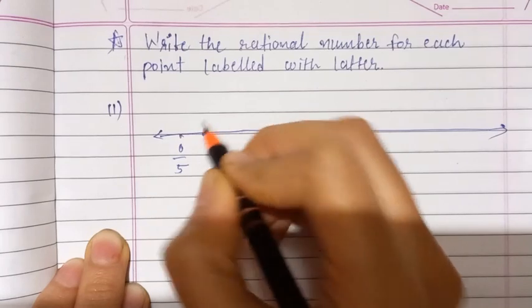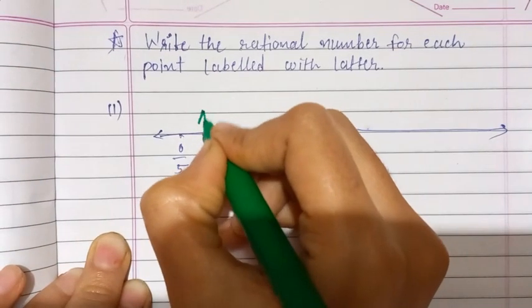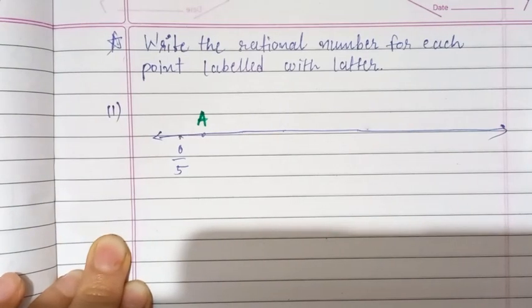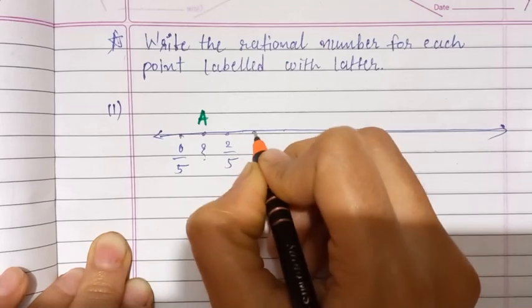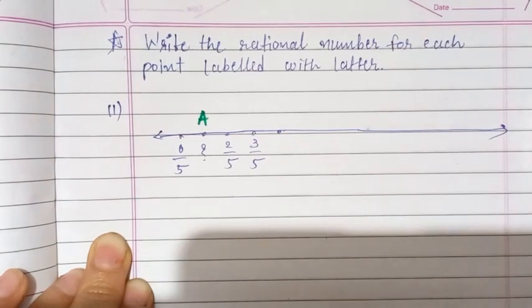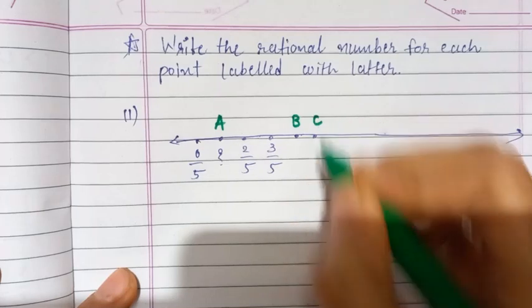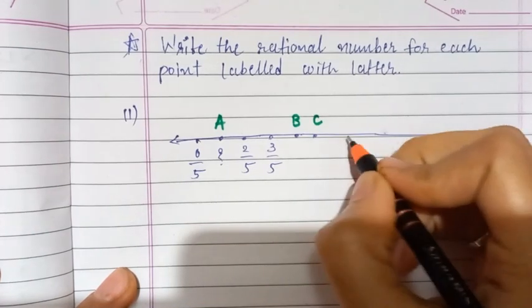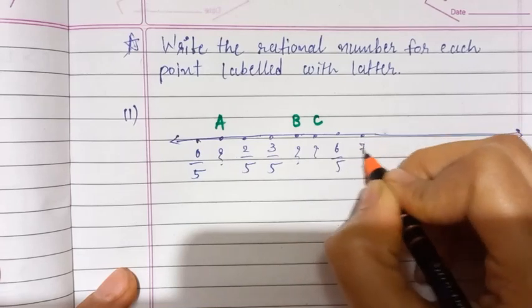Now this is A. We have to find the number at letter A, then 2 by 5, then 3 by 5, then B, then C, then 6 by 5, then 7 by 5.